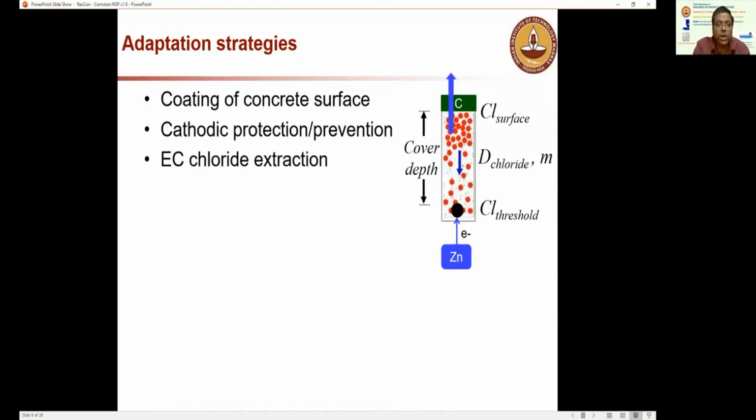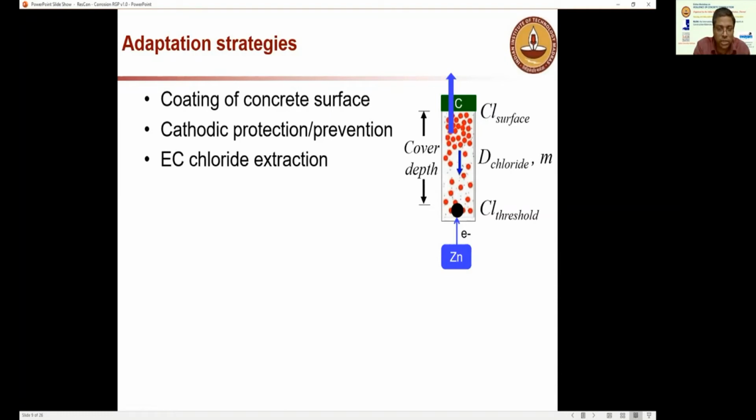And also you can do electrochemical extraction, which is the blue arrow here at the top, which indicates that whatever chlorides have entered into the concrete, you can apply some electrical current and extract those chlorides out of the concrete.